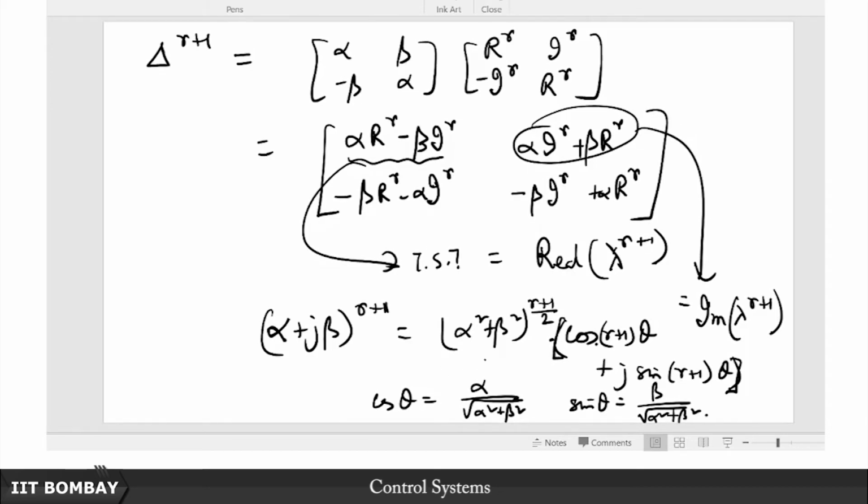So we need to show that this times this is equal to this, which is in turn equal to this, and this is equal to the sine of r plus 1 times this into this. I leave that to you as an exercise. It is really an exercise in mathematical induction.